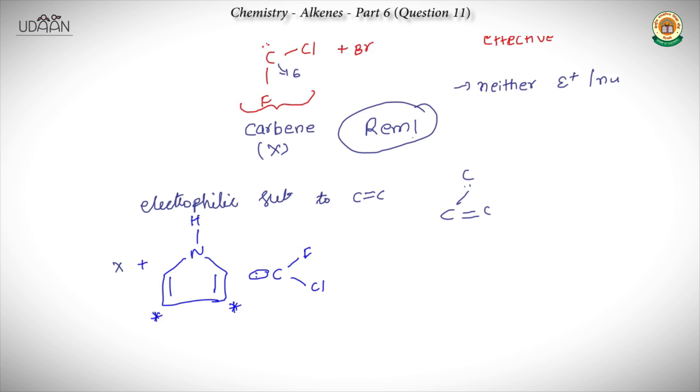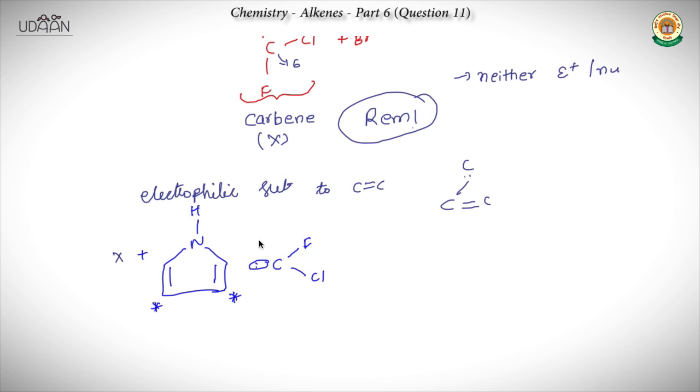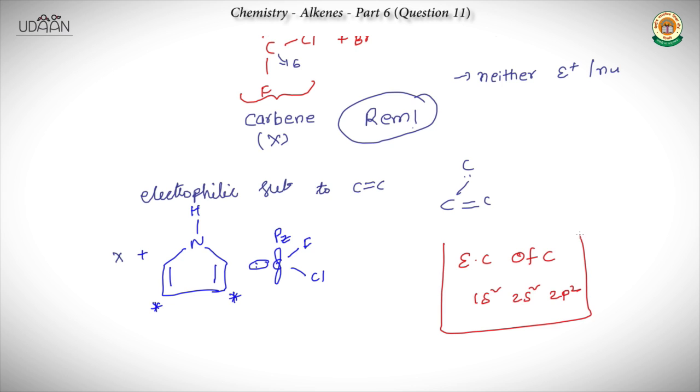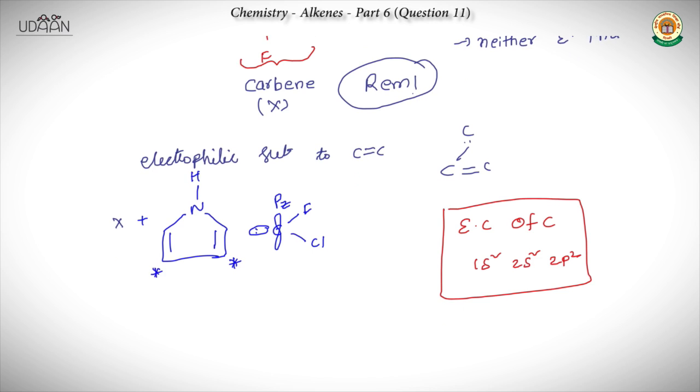Now, also note that this has a vacant orbital, which is a pz orbital. You can note this from the electronic configuration of carbon, which is 1s2, 2s2, 2p2. Try to solve this.